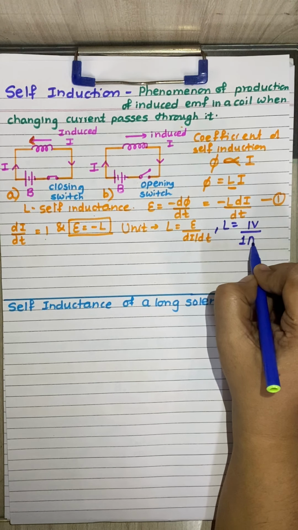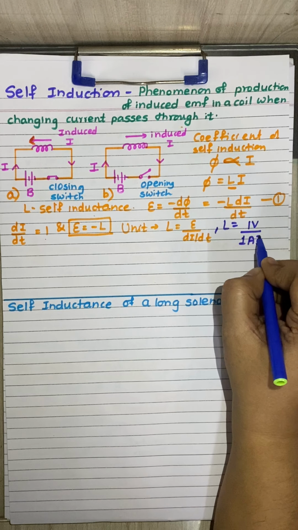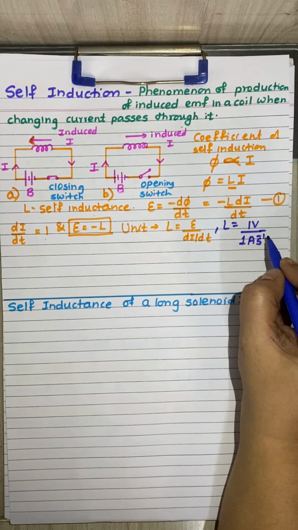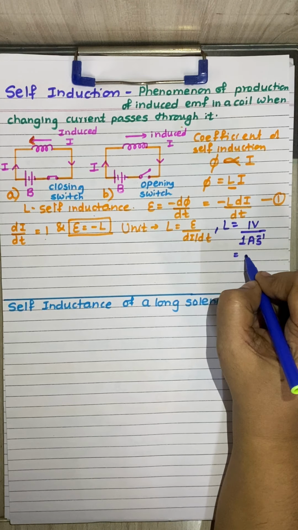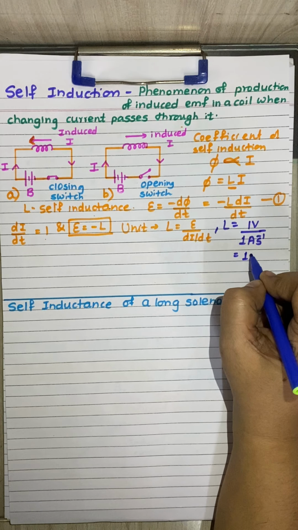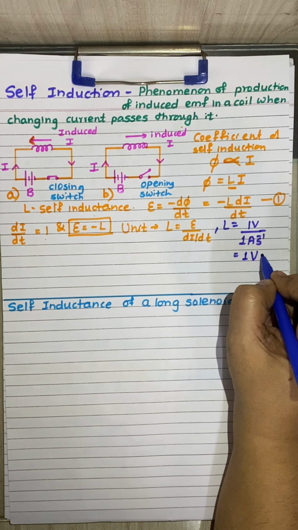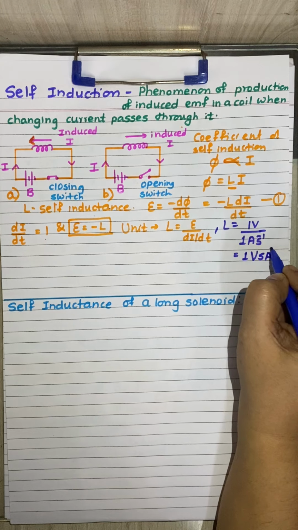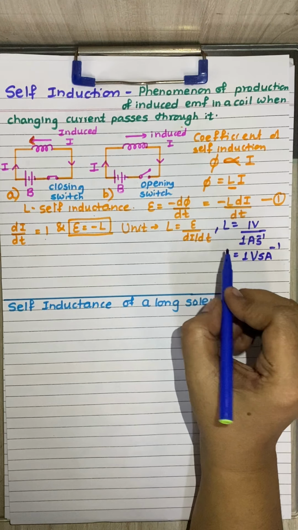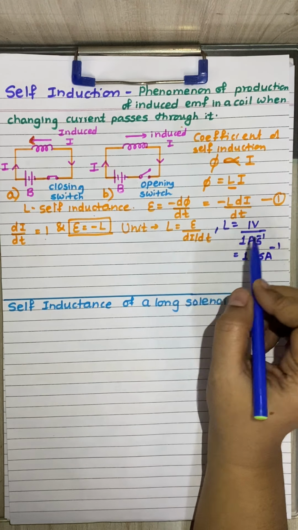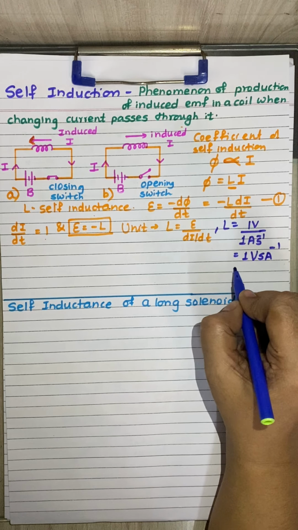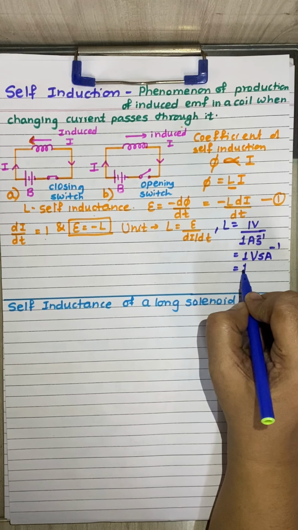So it is 1 ampere second raised to minus 1, or per second. So we have the unit here equal to 1 volt second per ampere. This is the unit of L, or the unit of self-inductance, and this value is considered as 1 Henry.